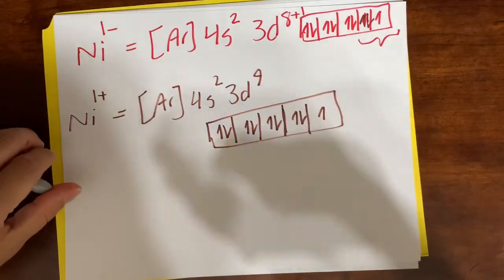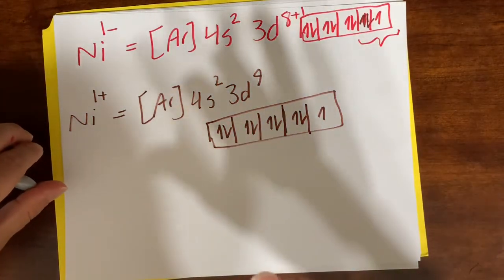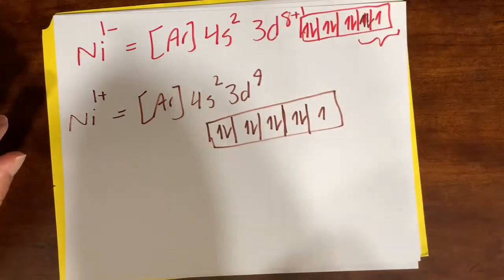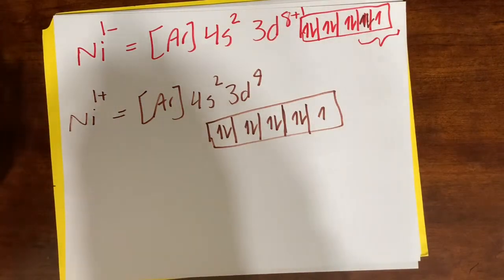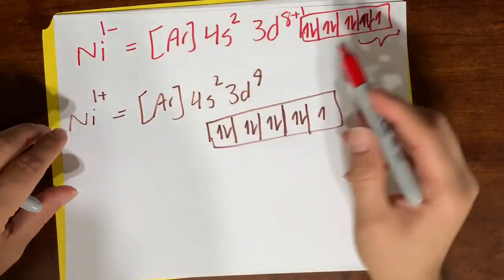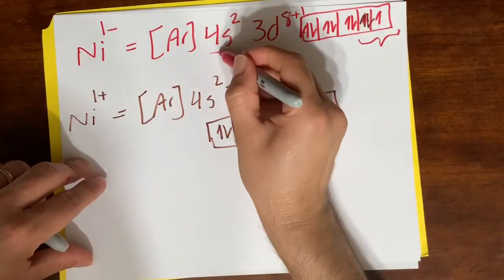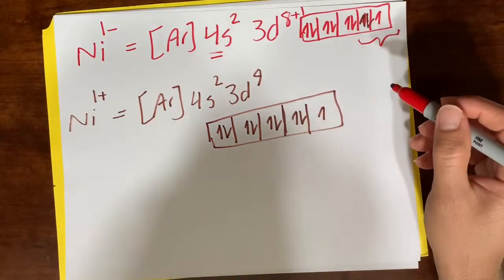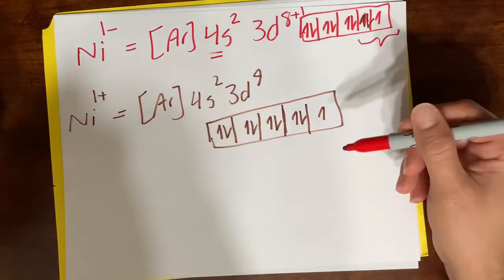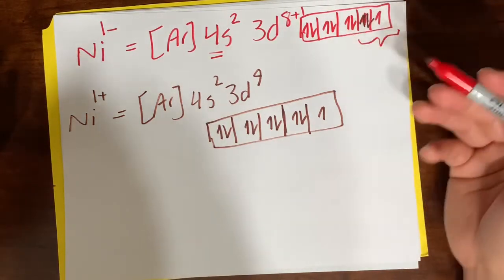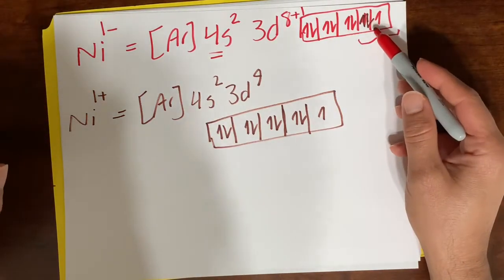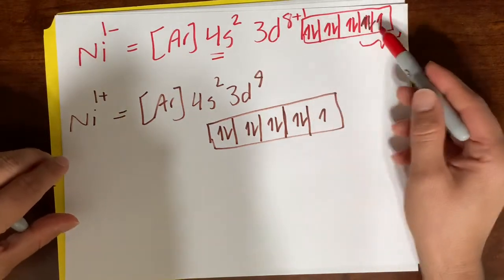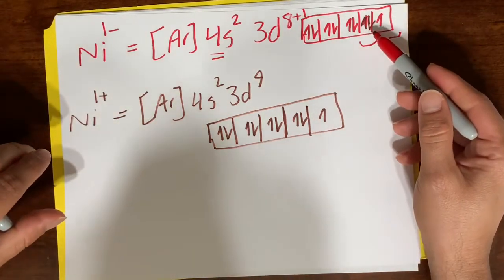So as you see, adding or taking electrons does not happen from the same place. When we take an electron, we take it from the highest n. When we add an electron, we add it to the first available orbital. The first available orbital is the d orbital because it is not completely full.